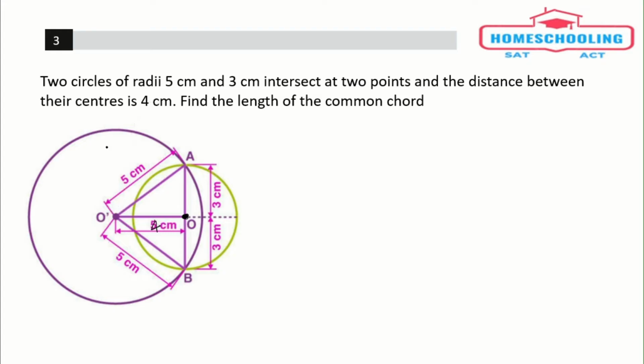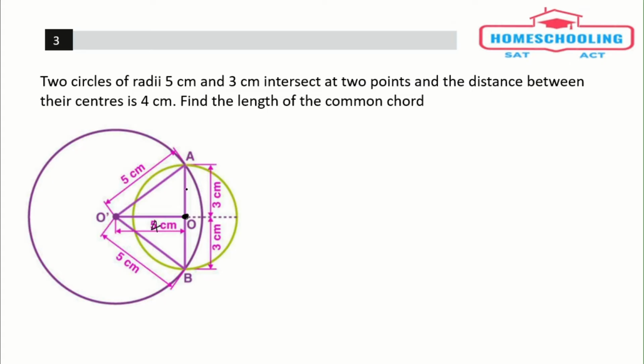So O dash is the center of the 5 centimeter radius circle, and O is the center of the 3 centimeter radius circle. The distance between them is 4 centimeters. We have to find the length of the common chord.